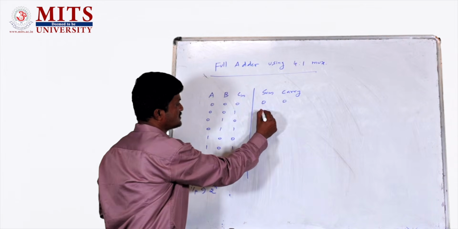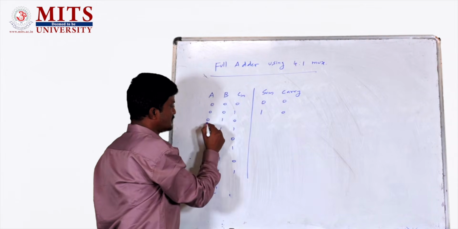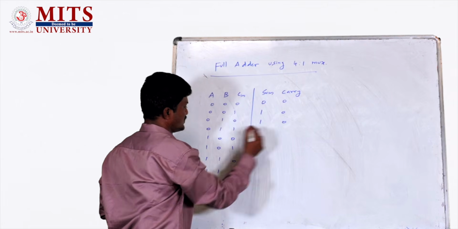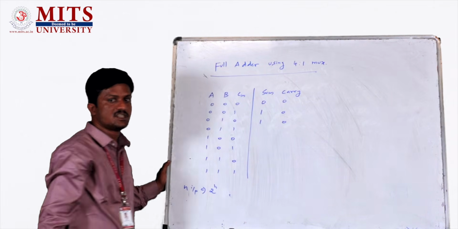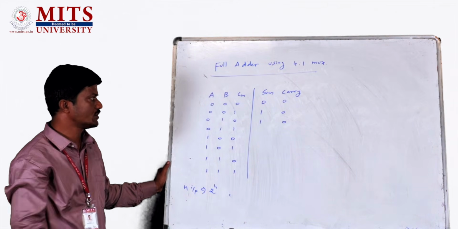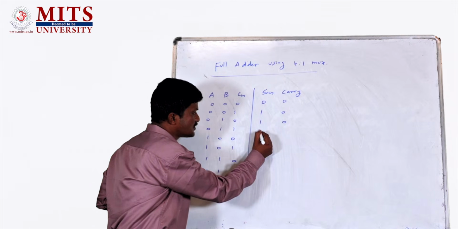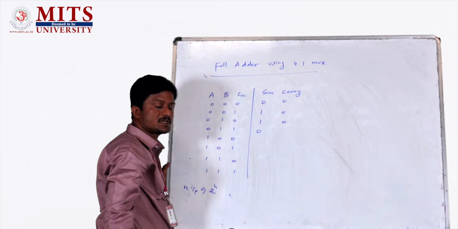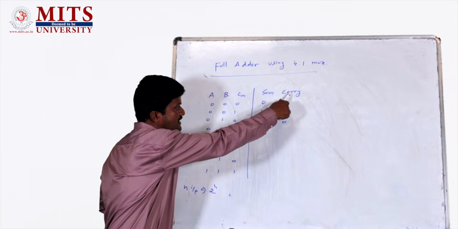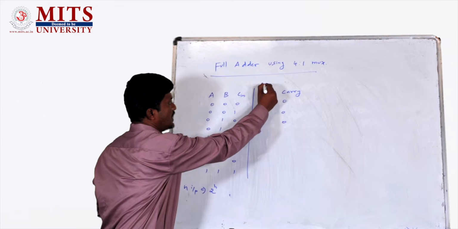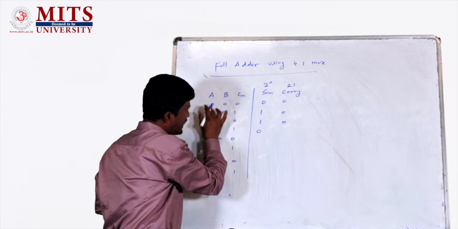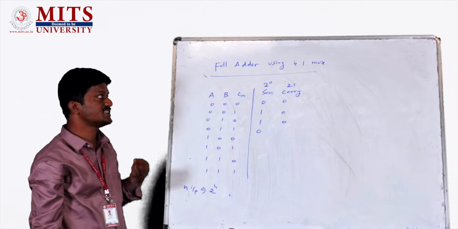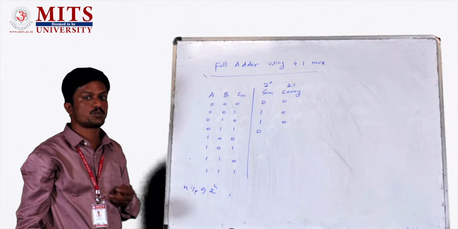The next one is sum is 1, carry 0. Here if you add all the individual inputs, the resultant will be 2, so you can't represent it in a single bit. So this is the LSB, called the sum, and this is called the carry. The idea is if you are adding all the individual inputs and the result exceeds 1, then the carry output will be 1.